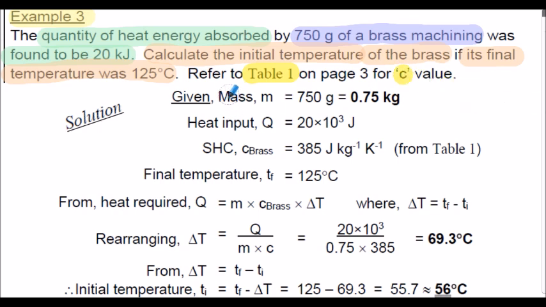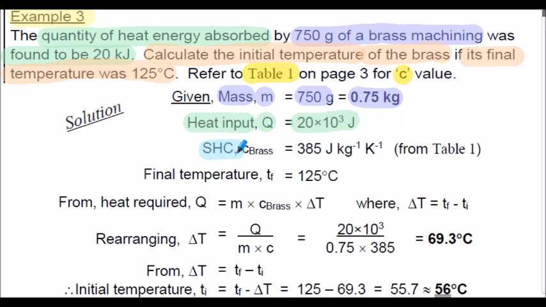So from the question, the mass of the brass is actually stated as 750 grams. So I've converted that straight away into kilograms, 0.75 kilograms. The quantity of heat energy input, absorbed, Q, is 20 kilojoules, so that's 20 times 10 to the 3 joules.